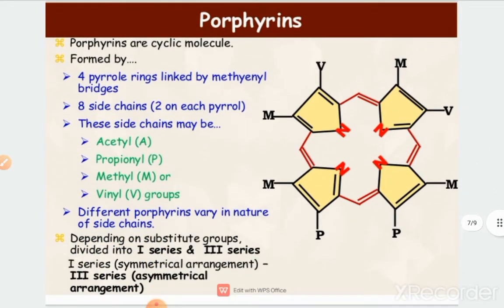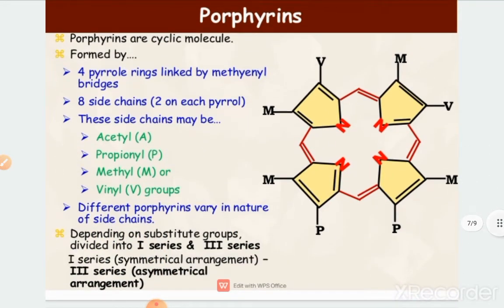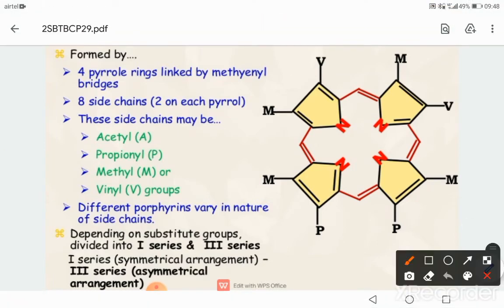So this is the typical structure of a porphyrin, and these are the four tetrapyrrole rings linked by the methylene bridges, with 8 side chains, two on each pyrrole. These side chains may be acetyl, propionyl, methyl, or vinyl groups.